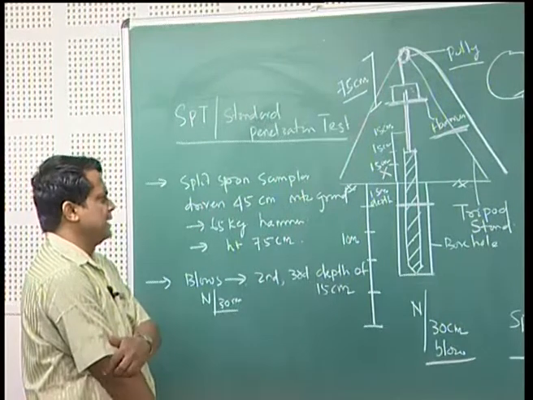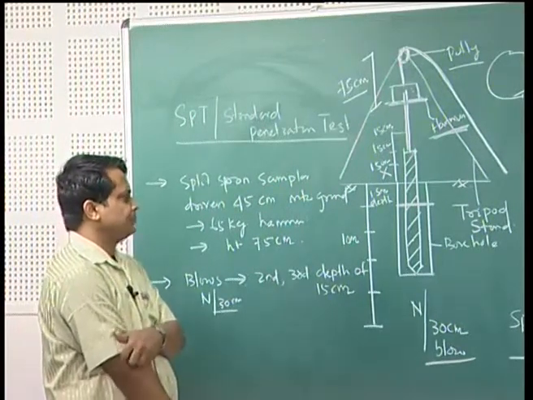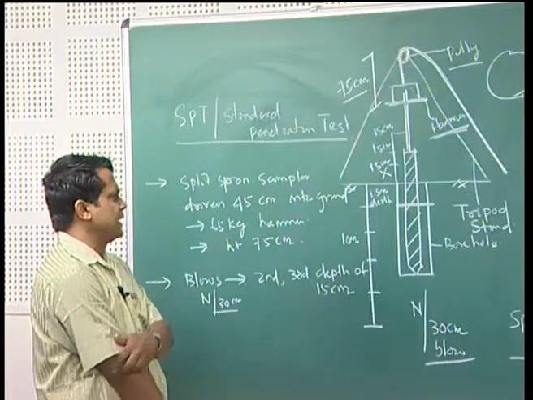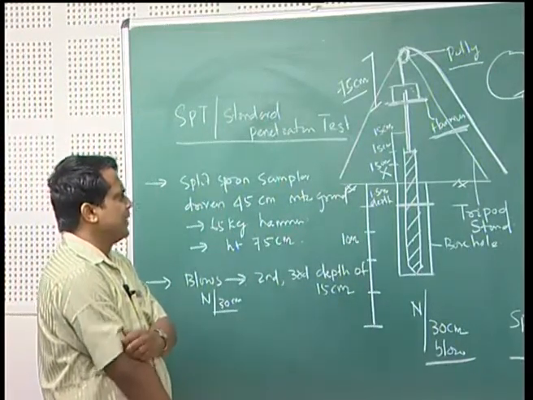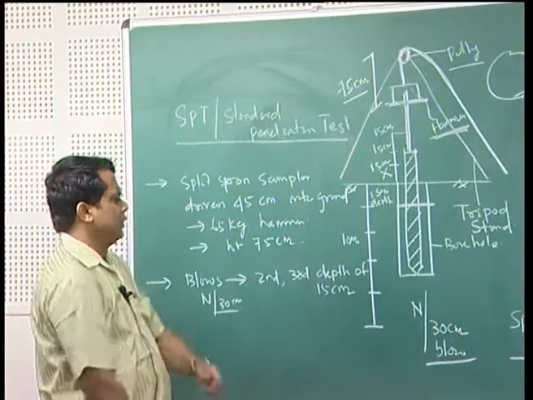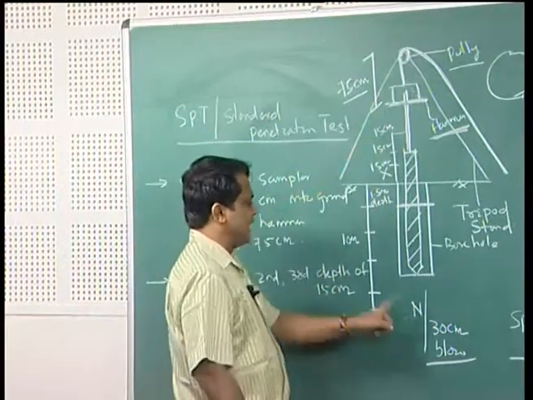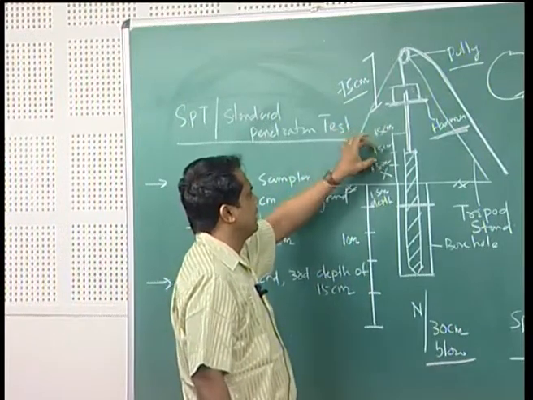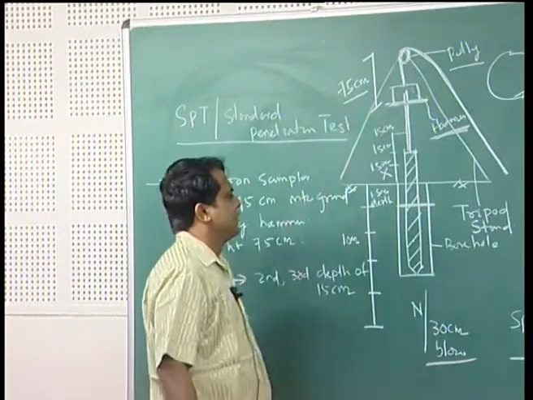Then for the last 30 centimeter penetration, you record the corresponding number of blows, 15 and 15.